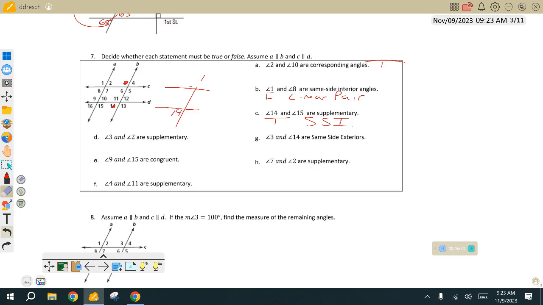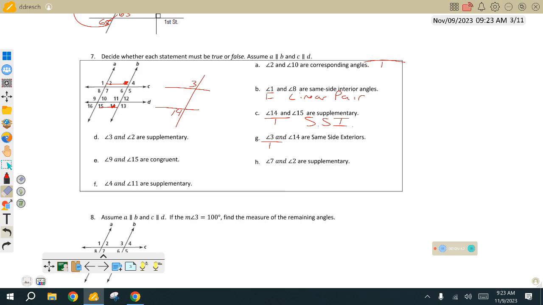3 and 14, as I redraw that off to the side. Exterior, same side, that's a true one. That's where I keep saying, hide it, redraw that if you need to, because I have a lot of students thinking that these are interiors because it's between A and B, but does A have anything to do with 3 and 14 in that one?